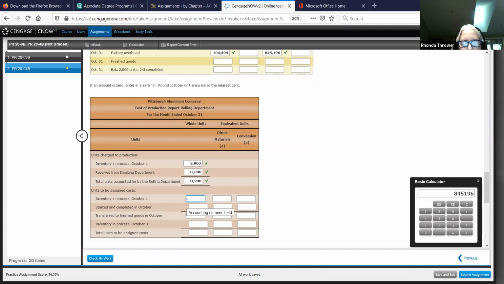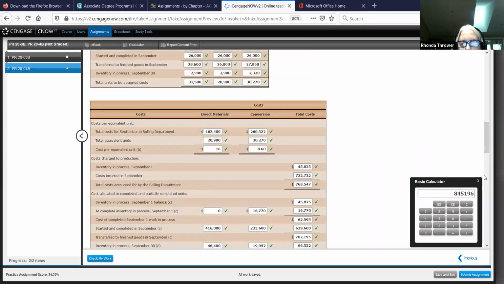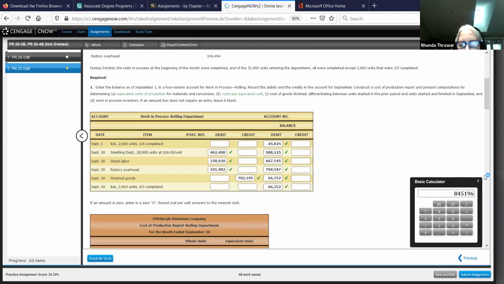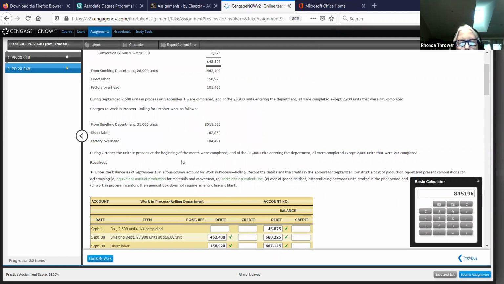We're going to start with our beginning inventory and we're going to fill in what we do know. We know that we've got to reconcile it with the amount of 33,900. And in our given information at the top for the month of October, it says that the units in process at the beginning of the month were completed and that 31,000 units entered the department.